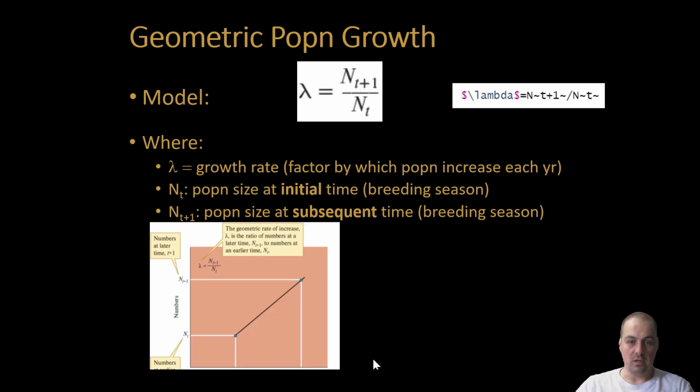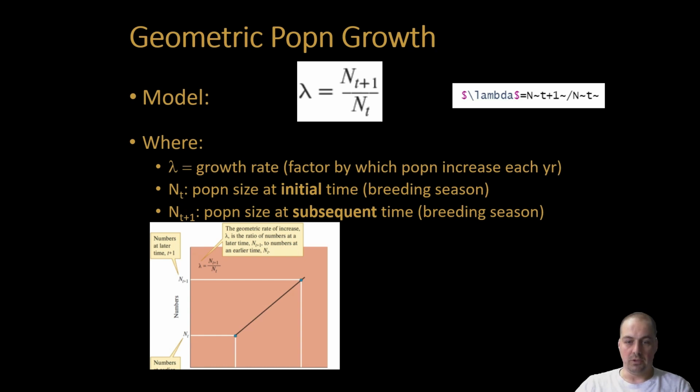This figure is from your textbook, and it was shown in Dr. Leroux's presentation. So I just wanted to bring it up to show you that time is down here on an axis. So earlier time is t, later time is t plus 1, initial population is Nt, later population is then Nt+1, and the slope here is the growth rate.